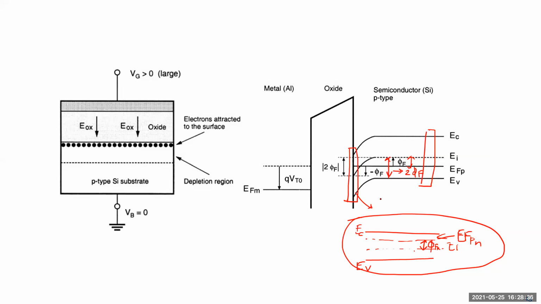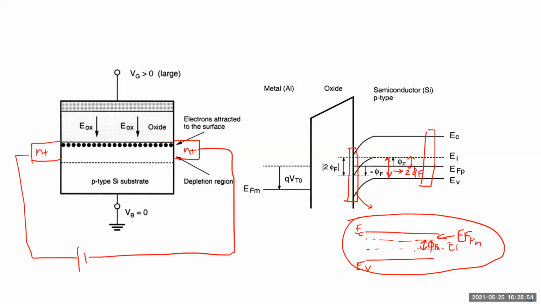So once you do that, the channel inverts, you have electrons attracted to the surface. Till now it's a capacitor. Now you can put N plus material here, N plus material here, and apply some voltage here and do conduction in between.